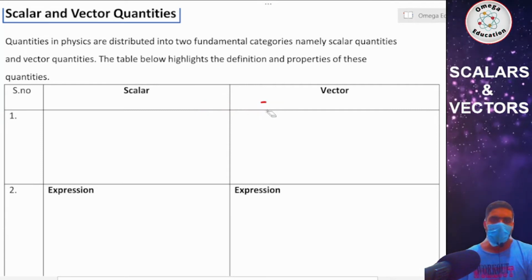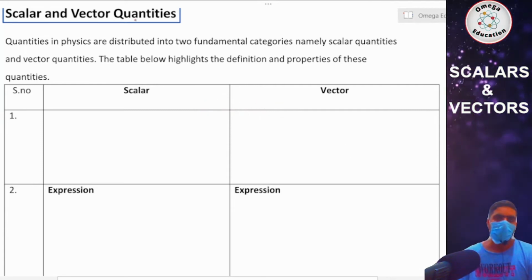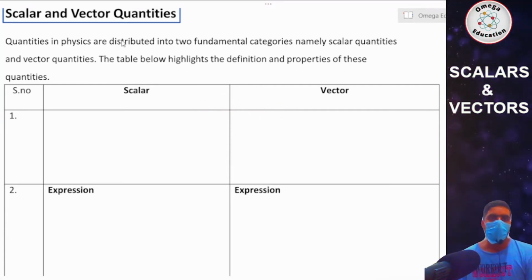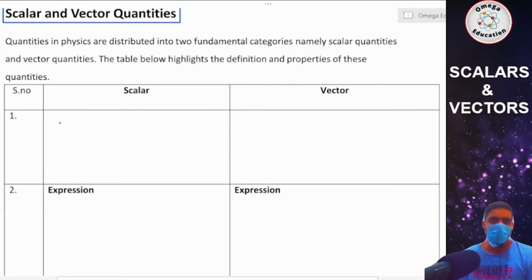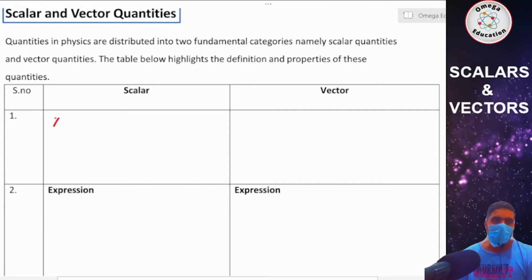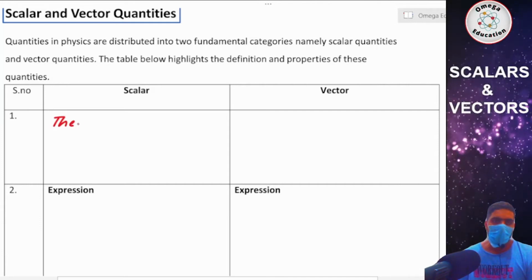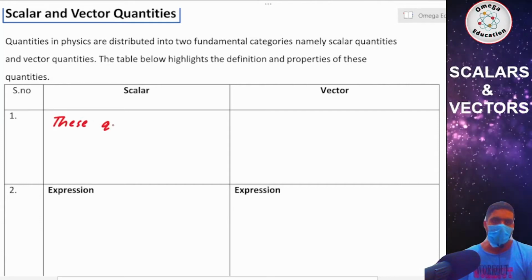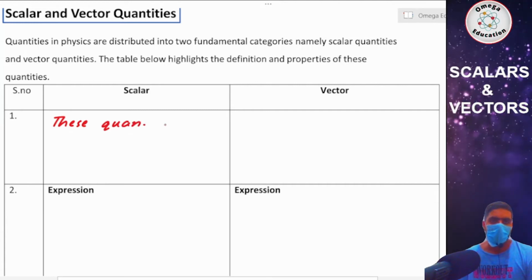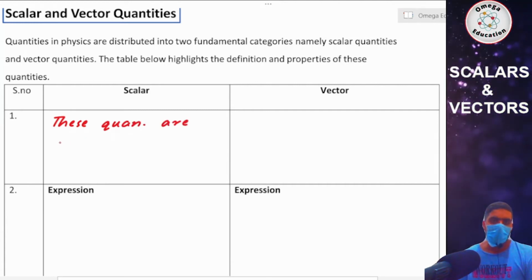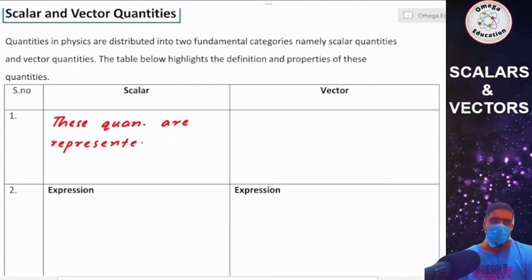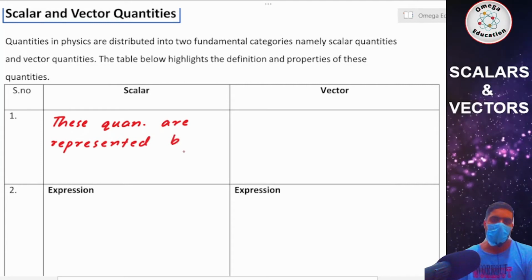So in the first row, I'm going to differentiate between scalar and vector quantities. The scalar quantities are represented or described by magnitude only.